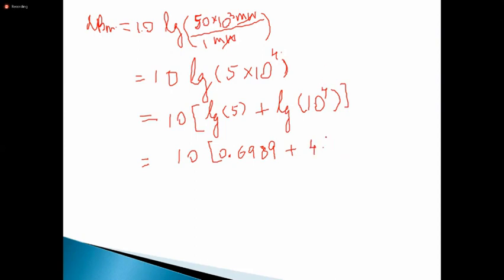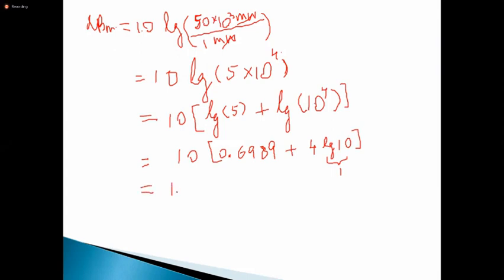You have to take the power to the front. Log 10 base 10 is 1, so 4 is left here.